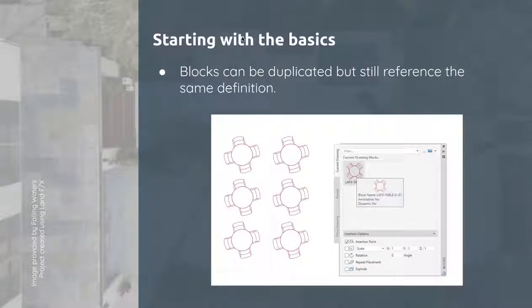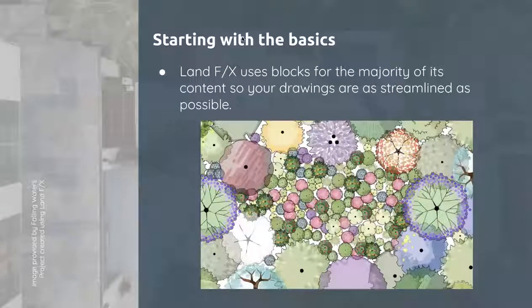And as such, they can be duplicated throughout a drawing without taxing your hardware too much, since every entry is actually referencing a single source. And that also means that if you make changes to that source, it's going to apply to all instances of that block, since they're all referencing that one source. And as you probably know, Land Effects uses blocks for the majority of its content, so your drawings are as streamlined as possible.